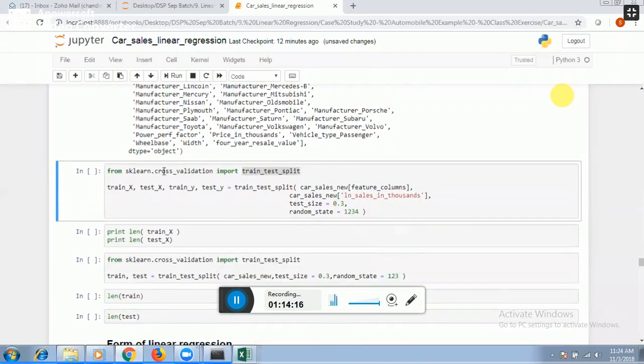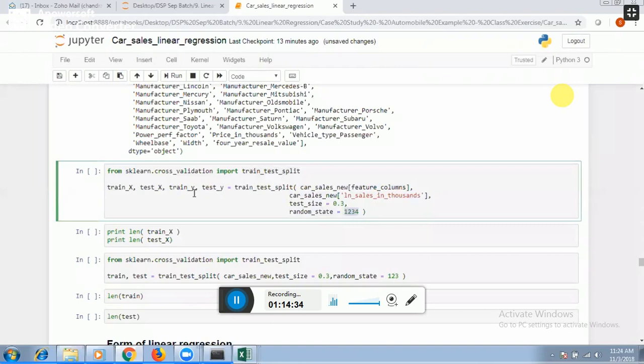And if I want to use train X, test X, train Y, test Y, first you need to specify the list of X variables and then the Y variable, and you specify test size equal to 0.3 and a random state, which is nothing but the seed that you give.